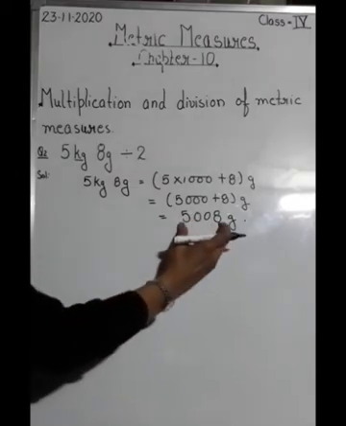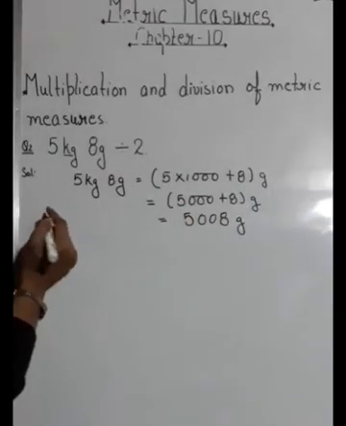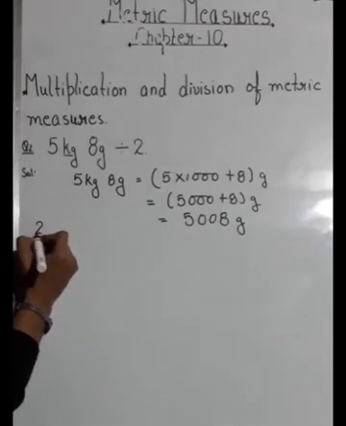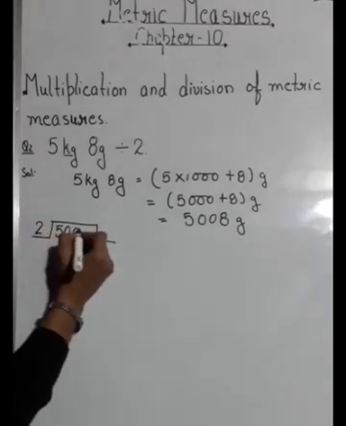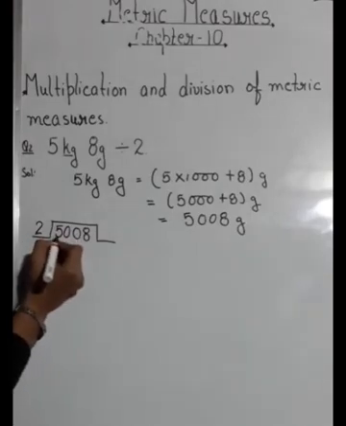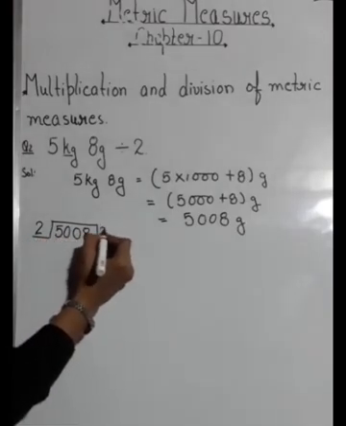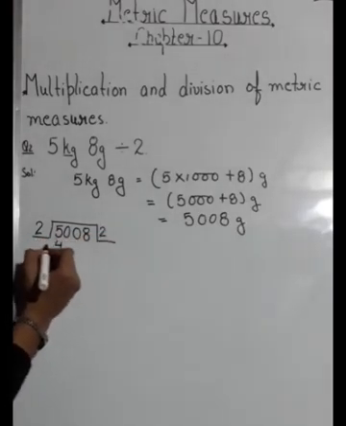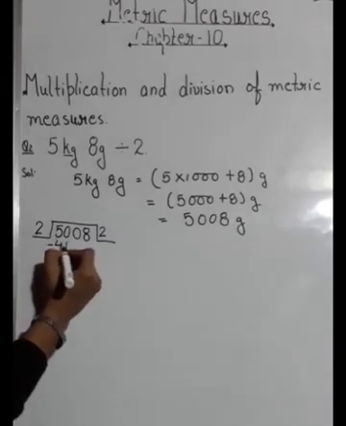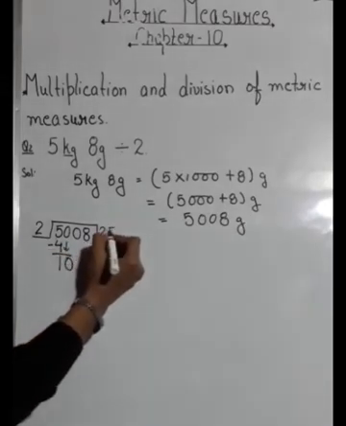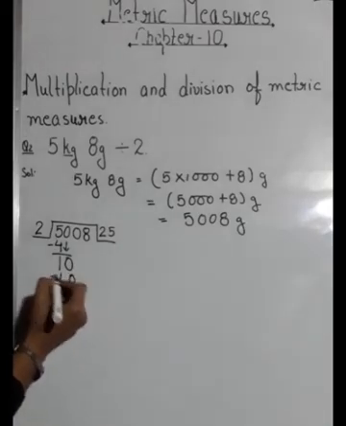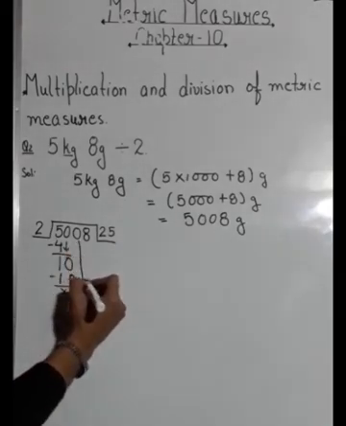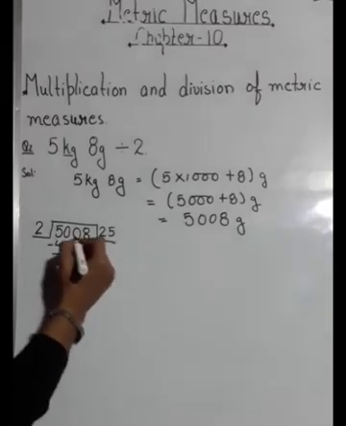Okay, so divide this by 2. I am going to do the division part over here. So I have written 2 dividing this 5008. Okay, so first I will take this digit, that is 5. So 2 2s are 4. 5 minus 4 will be 1. Now you will copy the 0 over here. 2 5s are 10. Okay, after subtracting you are getting 0. Now you have to copy these both digits, as this one is your 0.